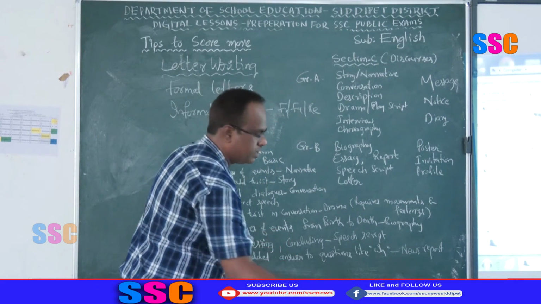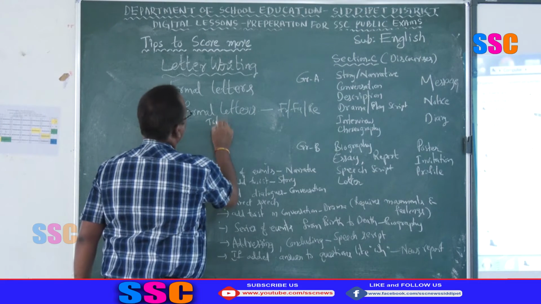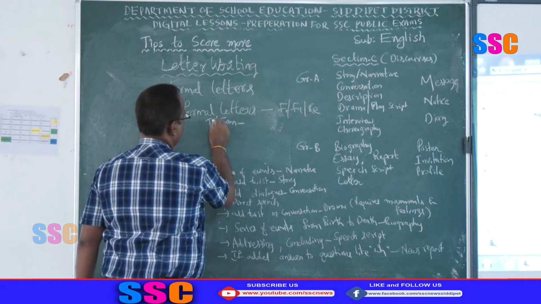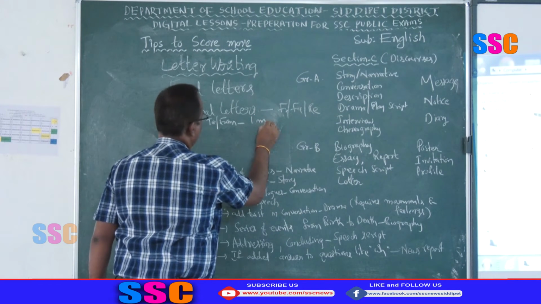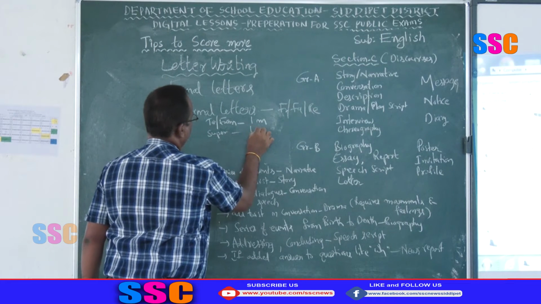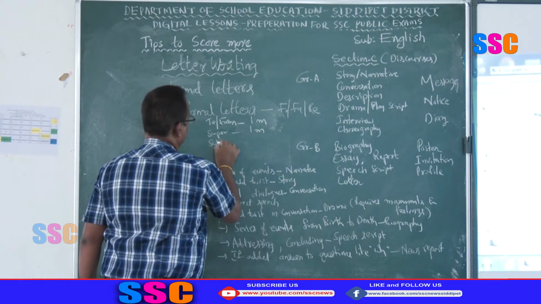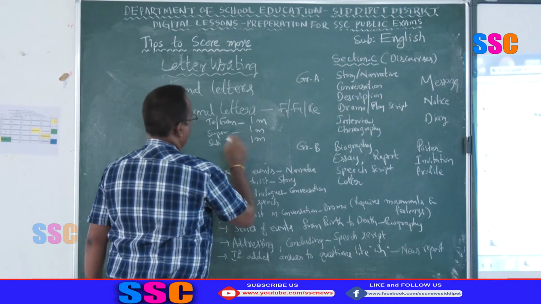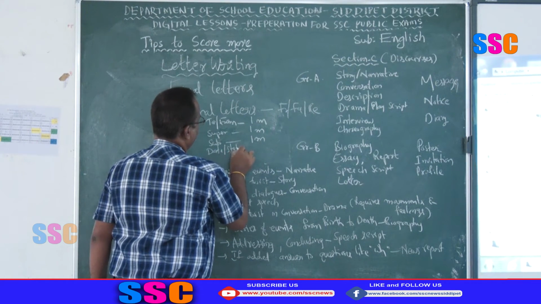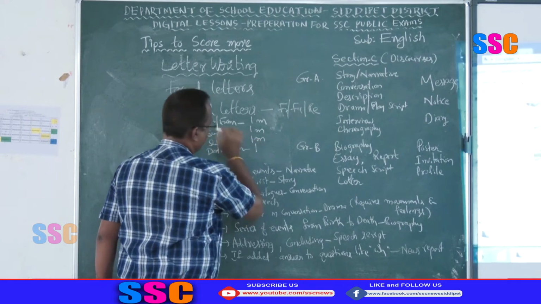In letter writing, if the to and from address is there, it carries 1 mark. If superscription is there, it carries 1 mark. If subscription is there, it carries 1 mark. If date and station is there, it carries 1 mark.